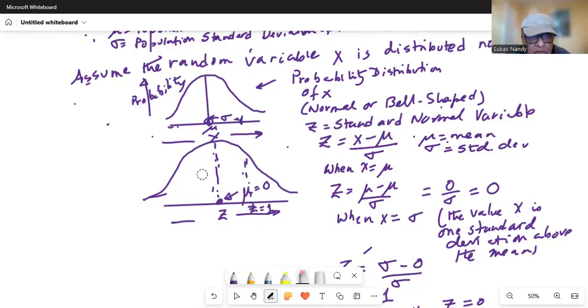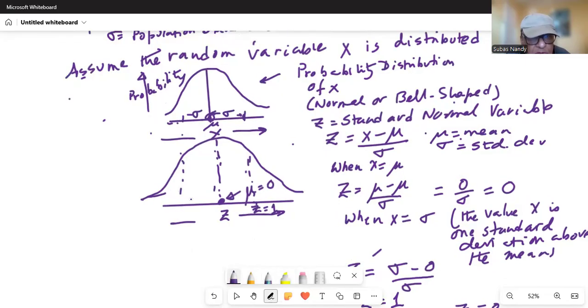By the same token, when we are one standard deviation below the mean, consider this one as minus sigma. Let me erase this and redraw it.